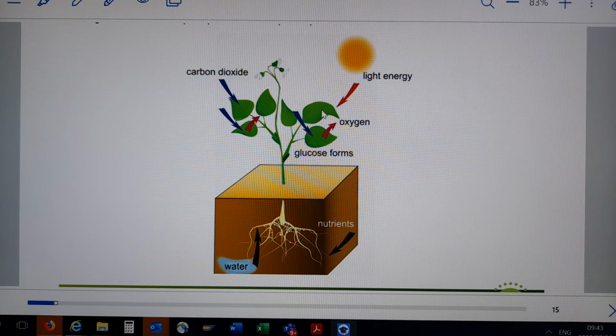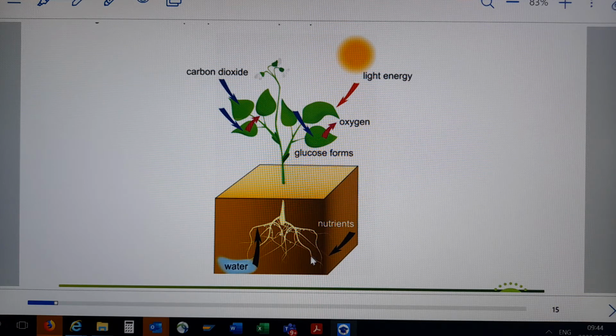Okay, and this light energy will be converted into chemical energy. Then after that we will be able to have glucose, which might be a fruit or a vegetable or whatever glucose type that forms. So it will form here on the leaf, and once it has formed, oxygen will be released to the atmosphere again. That is how photosynthesis takes place.